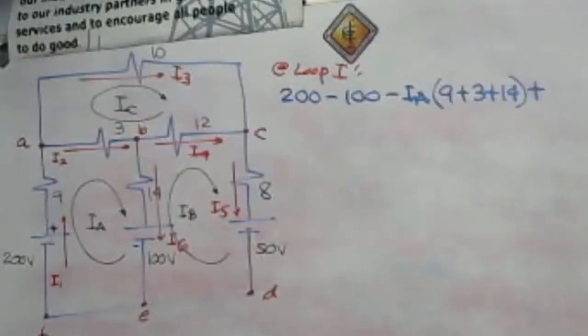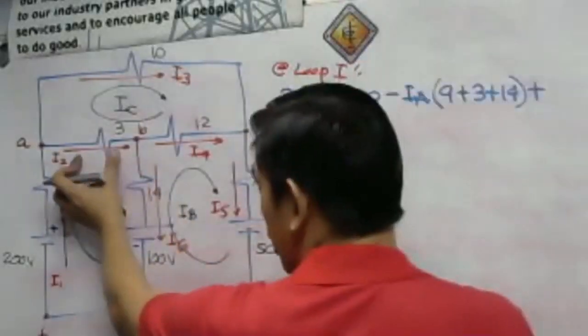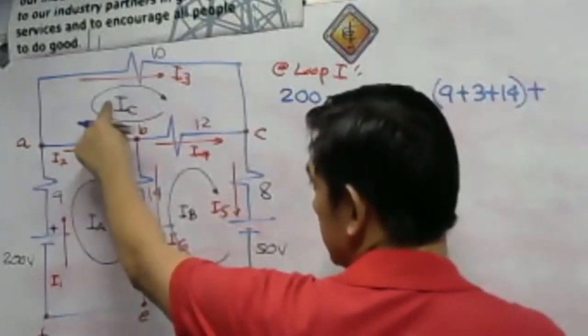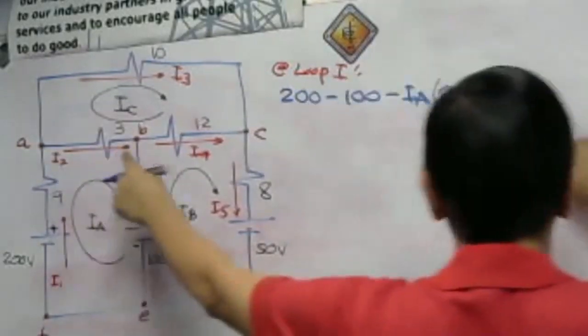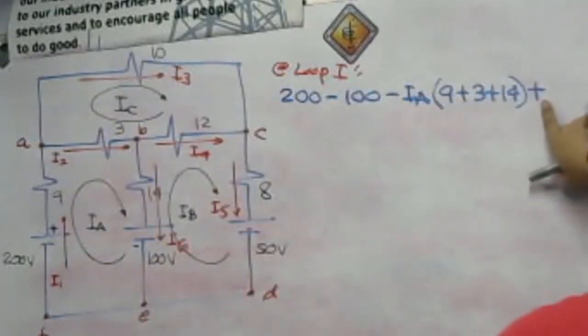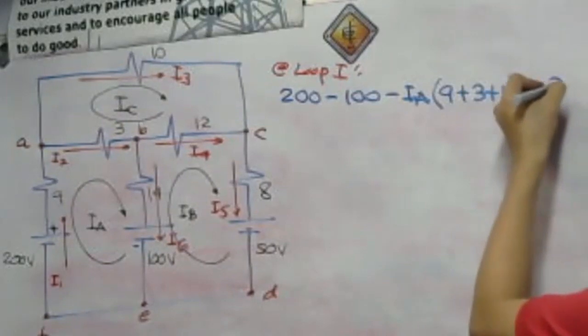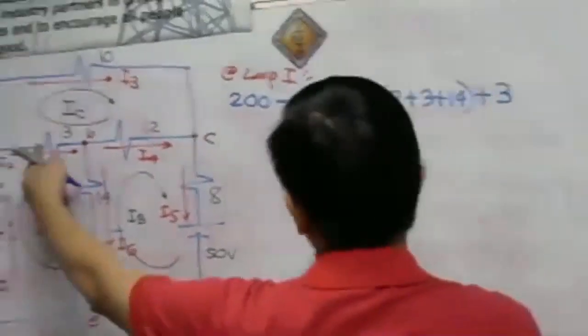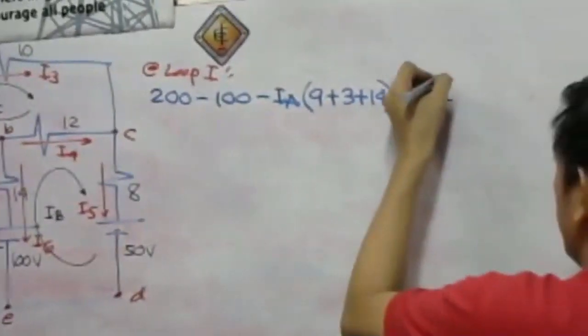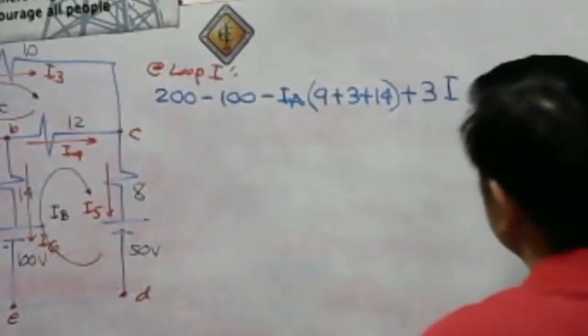If we have here 3 as the common resistor, that is common to both loop 1 and loop 3, automatically make it plus. So we have plus 3 I sub C multiplied by the adjacent circulating current.